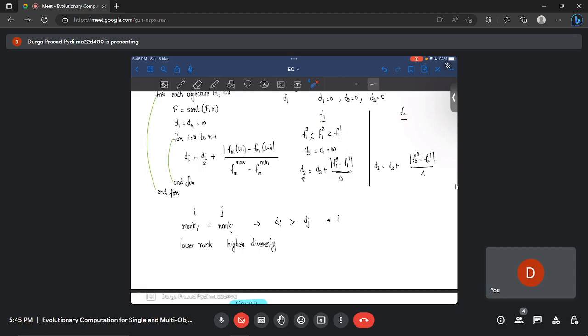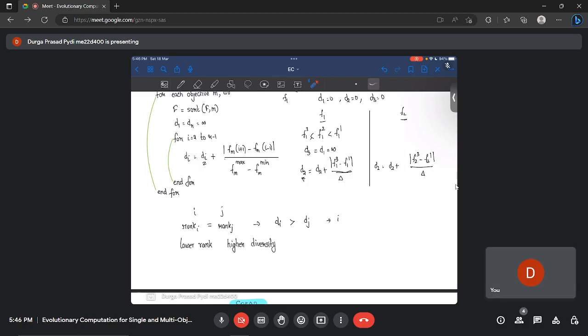Reverse in the sense that you first take f2 and then f1. Yes, it will be the same, both are independent. You just have to take contributions from all the objective functions and add all of them. Whichever way you do, it will be the same.